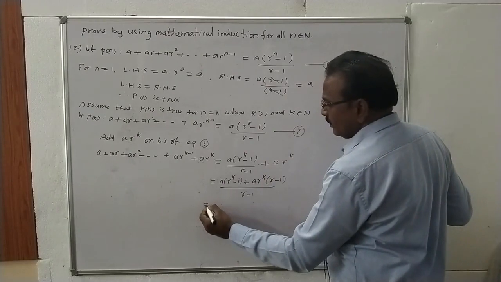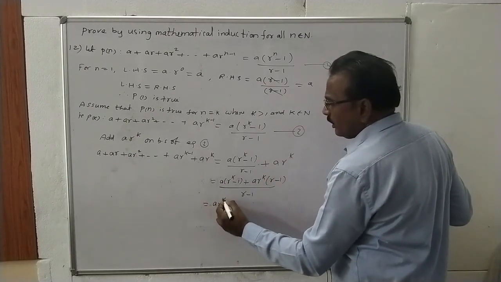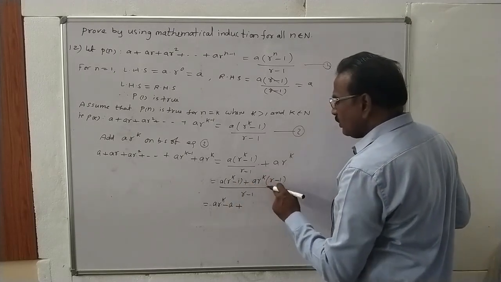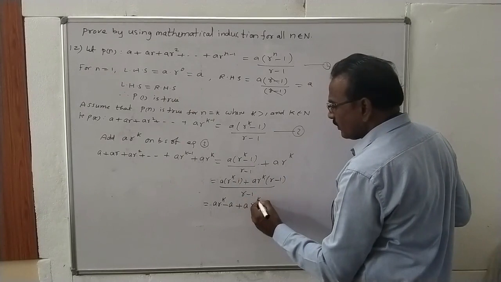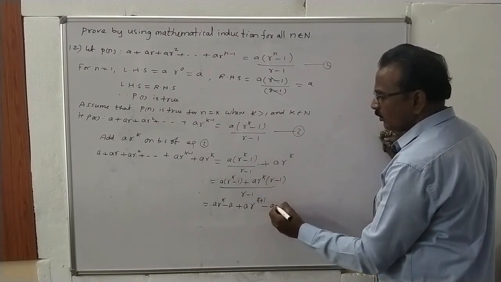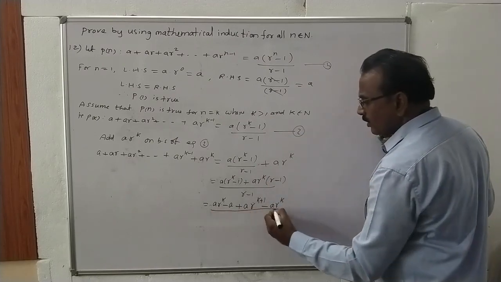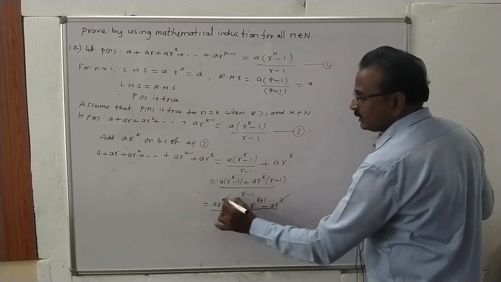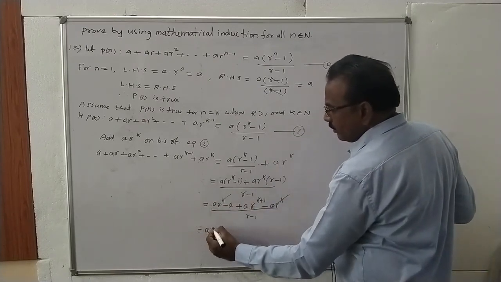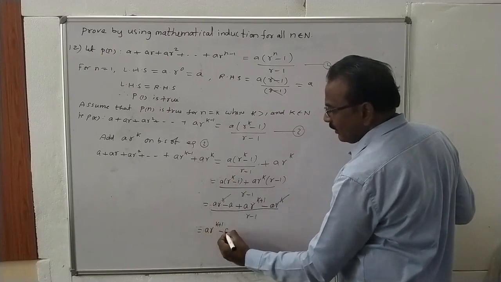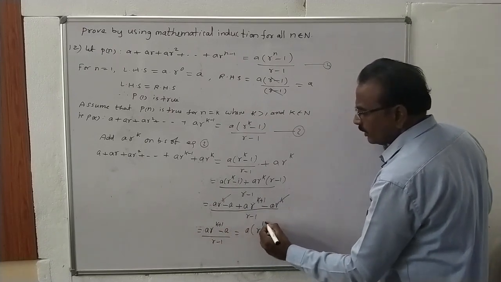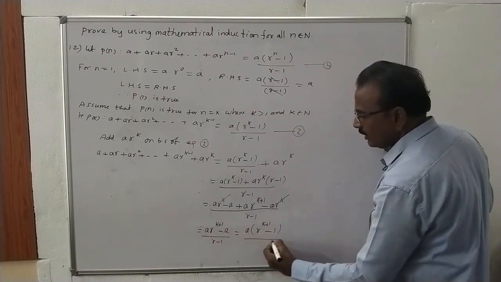Just to simplify, a into r power k minus a into 1 is a, plus a into r power k into r is a into r power k plus 1, minus a into r power k into 1 is a into r power k, divided by r minus 1. So these two get cancelled. That is a into r power k plus 1 minus a divided by r minus 1. Take a common: a into r power k plus 1 minus 1 divided by r minus 1.